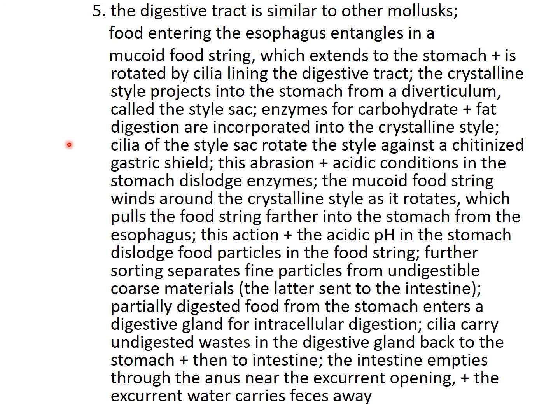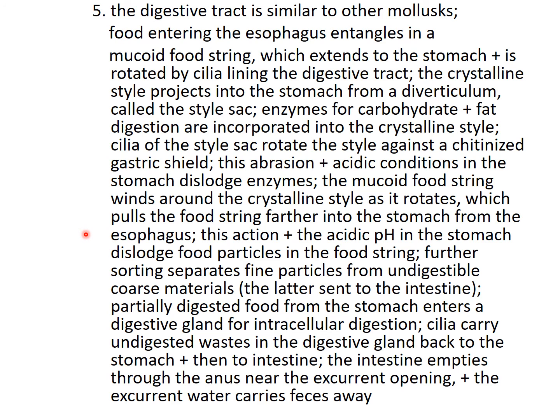And in the style sac, there's cilia, and it rotates the style against a chitinized gastric shield. And this abrasion, along with the acidic conditions in the stomach, dislodges the enzymes. The mucoid string winds around the crystalline style as it rotates, and it pulls the food string further into the stomach from the esophagus.